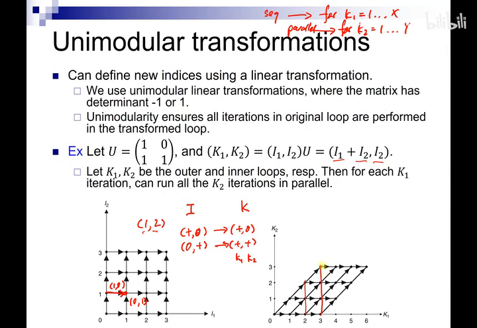That means that when you have K1 equals 3, you can do all of these K2 iterations in parallel, because for different K2s, they're only depending on something with a smaller K1. We've already executed everything with smaller K1s, because we execute in order of the K1s. You only start the K1 equals 3 part after you're done with the K1 equals 2 part.